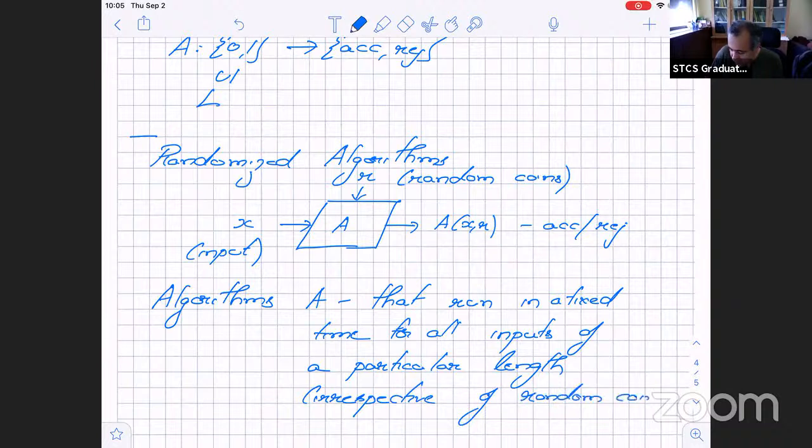So there's no probability in how long the algorithm is running. The only probability is in what the algorithm outputs on the input.